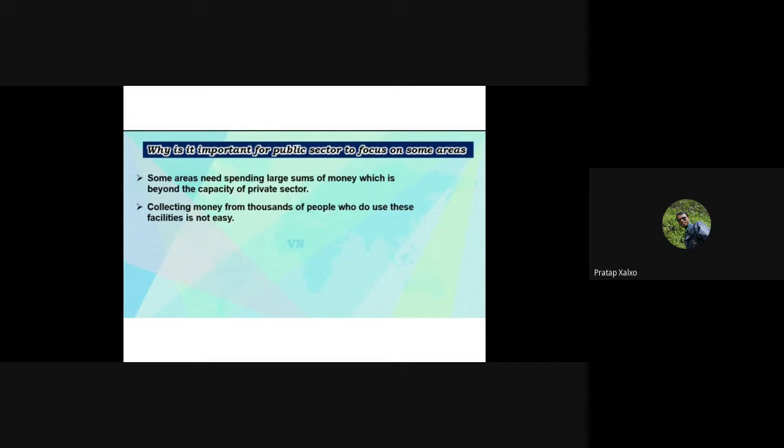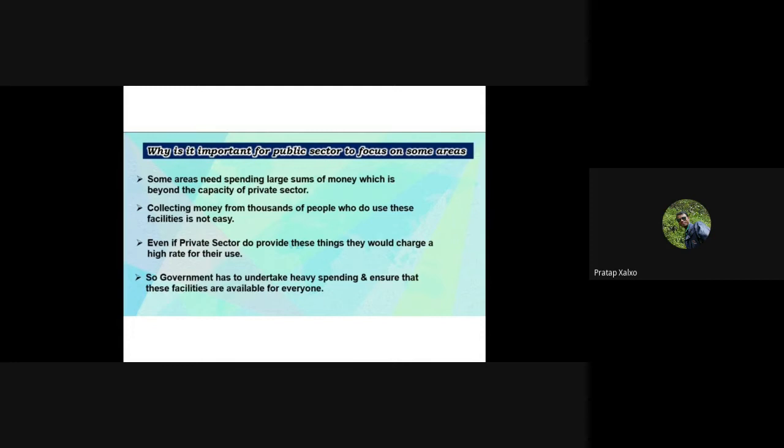Collecting money from thousands of people who use these facilities is not easy, and it is done by the government. Even if the private sector provides these things, they would charge a high rate for their use. So, the government has to undertake heavy spending and ensure that these facilities are available for everyone.